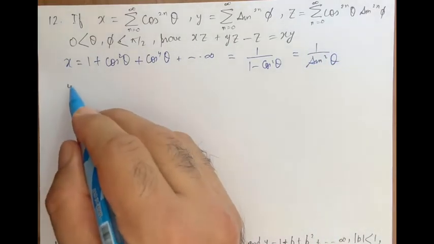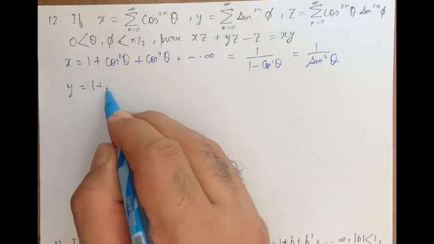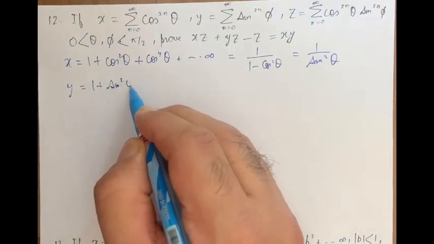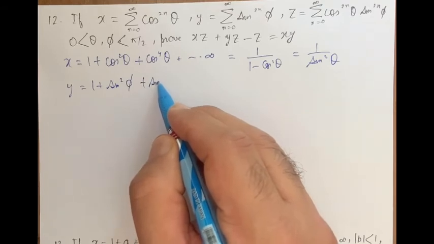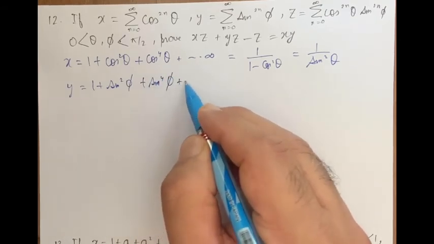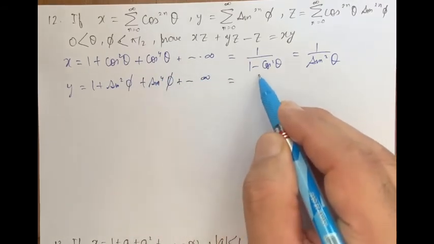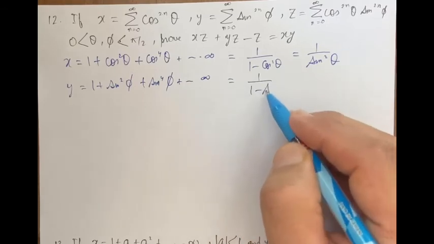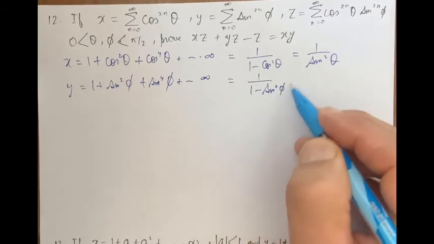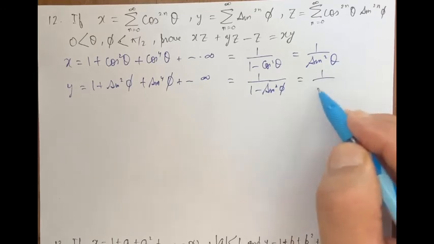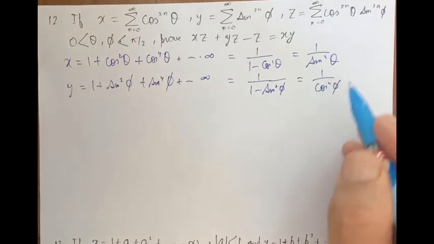Similarly, we can find out y. It's 1 plus sin square phi plus sin raised to 4 of phi and so on up to infinity. This is 1 upon 1 minus common ratio. The common ratio in this case is sin square of phi. So this is 1 by cos square of phi.